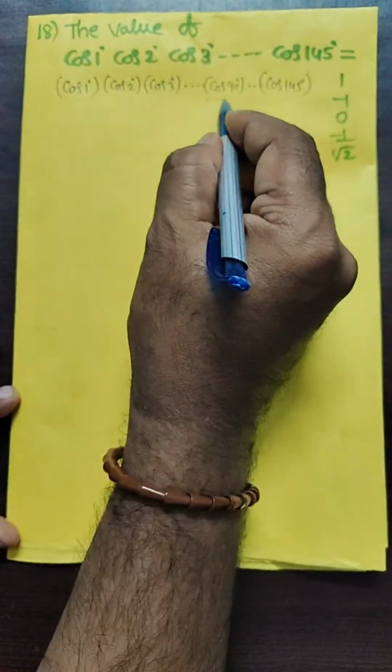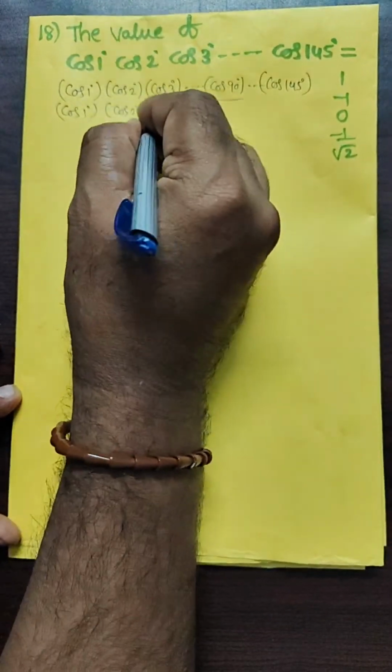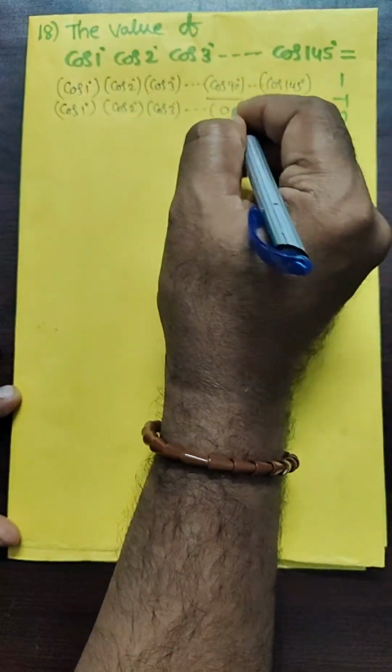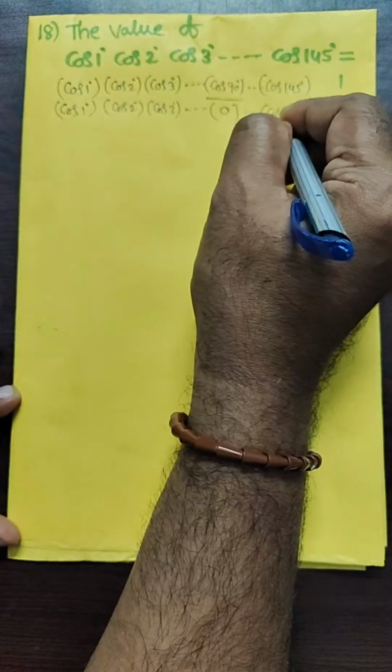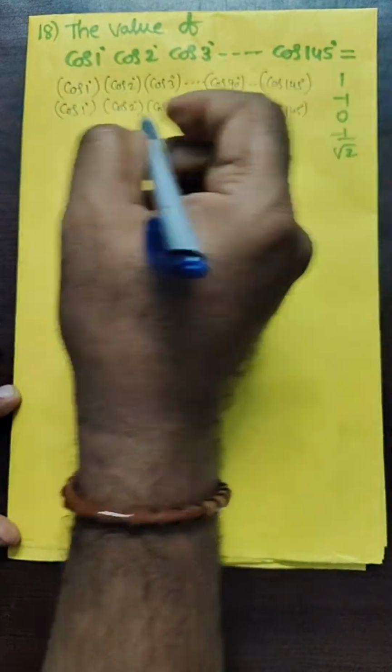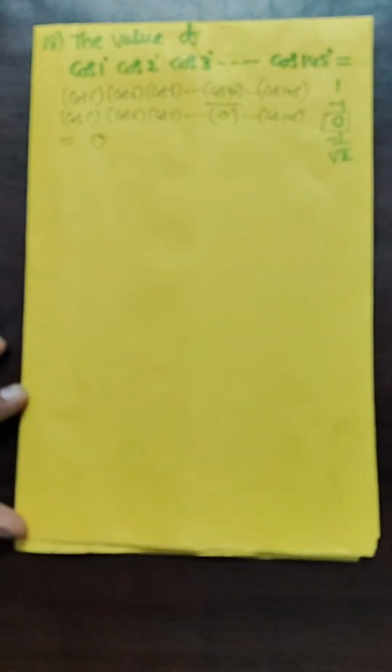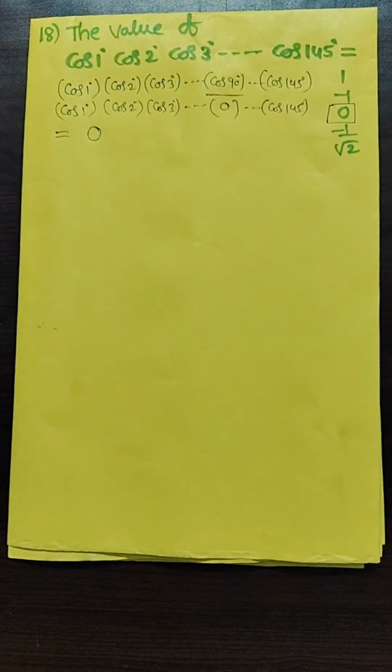So what is the value of cos 90? It is 0. So 0 into anything is 0 itself. So your final answer is 0, dear students.